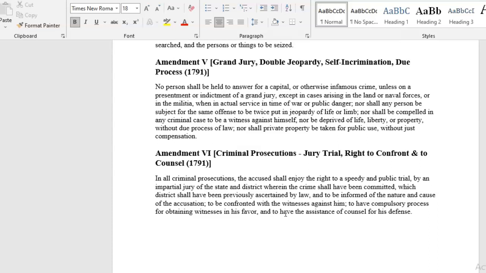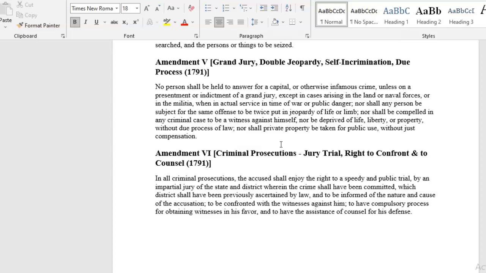Now, again, this says a lot, doesn't it? This says an awful lot here. So this first part is saying, unless it's a military issue, arising in the land or naval forces or militia when in actual time of war or public danger, okay?